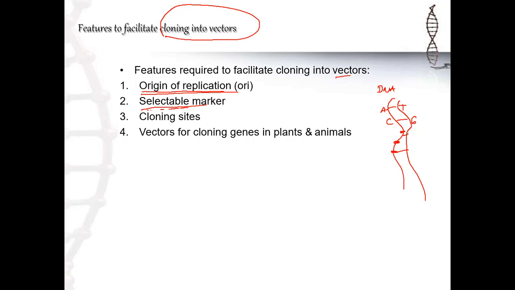Now, for example, in a selectable marker, this portion carries the penicillin resistance gene.